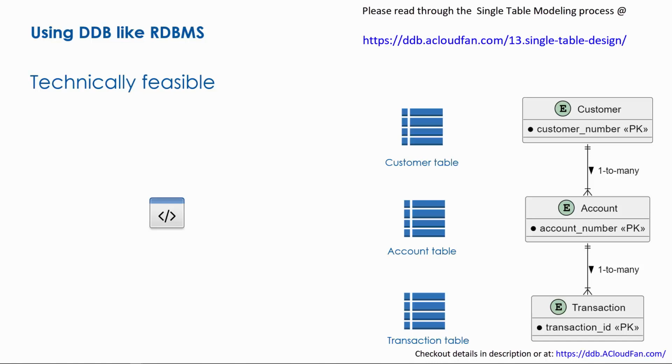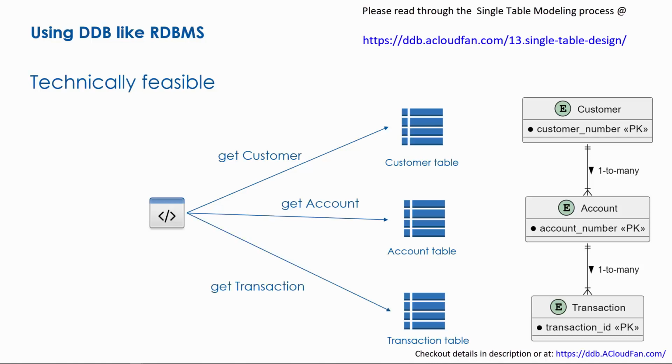Now, in order for the application to create a customer profile page with the data from all three tables, the app will need to first get the data from each of the tables and then join it to make it meaningful from the application perspective. As you can see, there are three calls that the app needs to make, and then it needs to carry out a join.